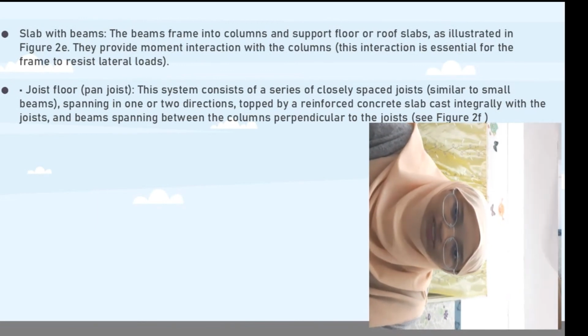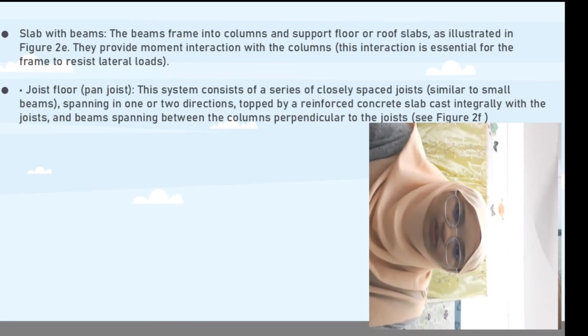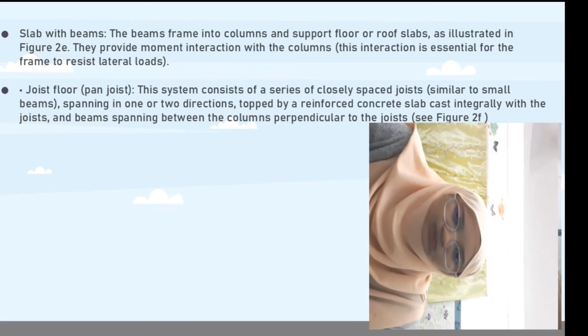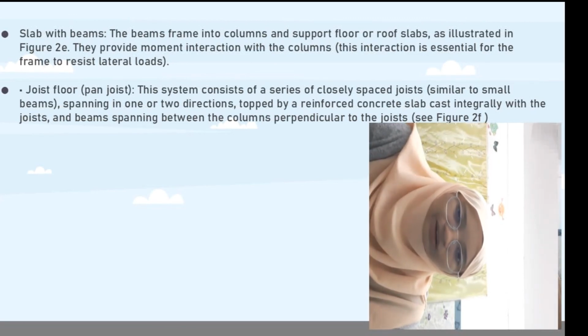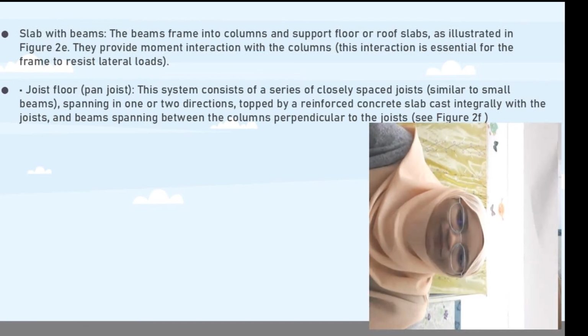This system consists of a series of closely spaced joists, similar to small beams, spanning in one or two directions, topped by a reinforced concrete slab cast integrally with the joists, and beams spanning between the columns perpendicular to the joists. See figure 2f.